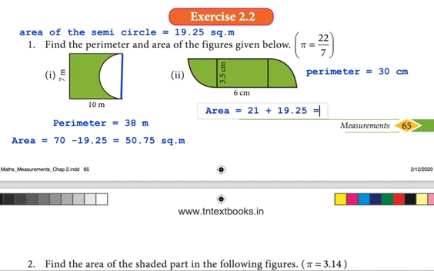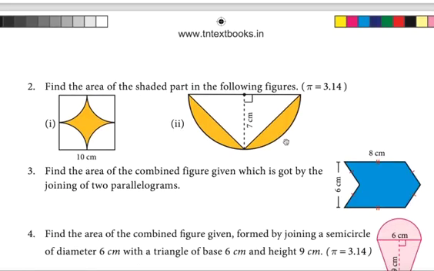How much does it become then? 21 plus 19.25 is 40.25. This time it is square cm or cm square, okay. Everything is given in cm, right? You have to cross check the unit every time, okay.